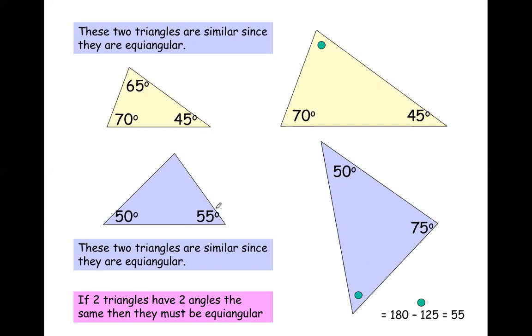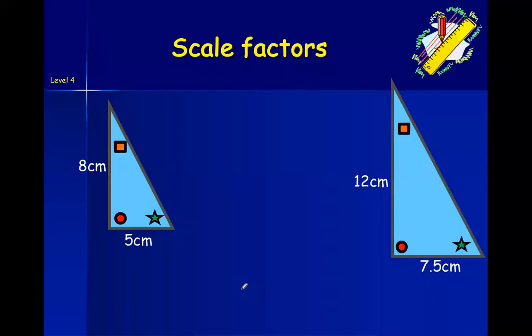So you could be given a couple of triangles, one with the bigger angles and one with a different angle. Find out the third angle straight away, and then you can say, now I can see they are similar because all three angles are the same. So again, we're going to use the same approach using scale factors. If we go from a small to a bigger triangle, we'll look for the enlargement scaling factor.